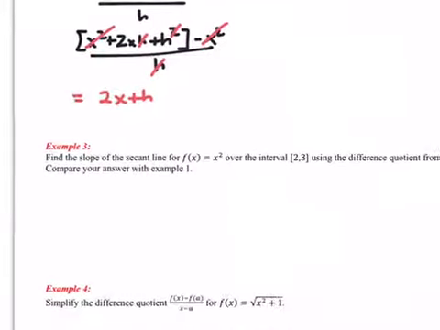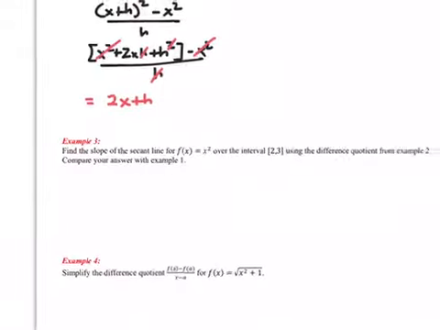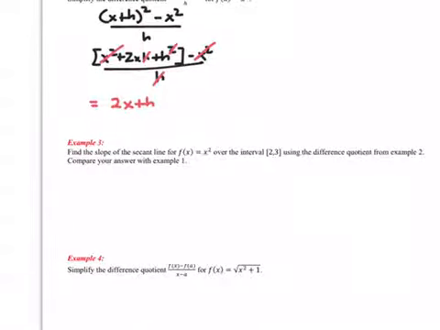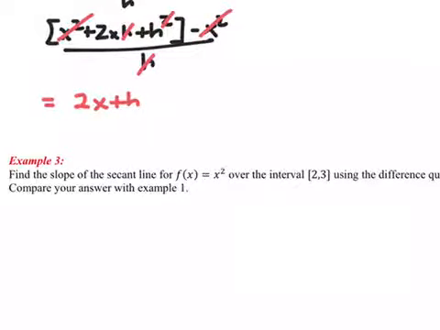So let's find the slope of the secant line for f of x equals x squared over this interval 2 to 3 using the difference quotient from example 2. Compare your results with example 1. So for example 1 we got 5, I believe. So now let's consider this interval x, x plus h. Our difference quotient is good on that interval.